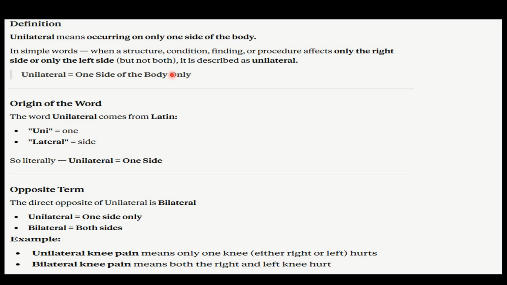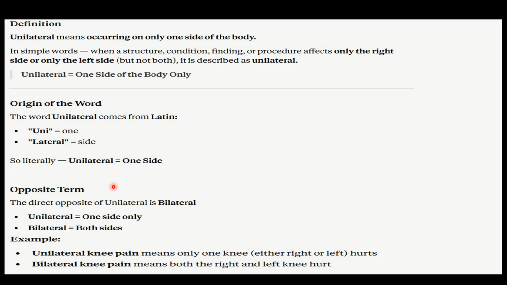Now let's talk about how this word came into the picture. The word unilateral comes from Latin. Uni means one, lateral means side. So literally, unilateral means one side. Now look at the opposite term. If you remember, in our last session we talked about bilateral. It is the opposite of unilateral.